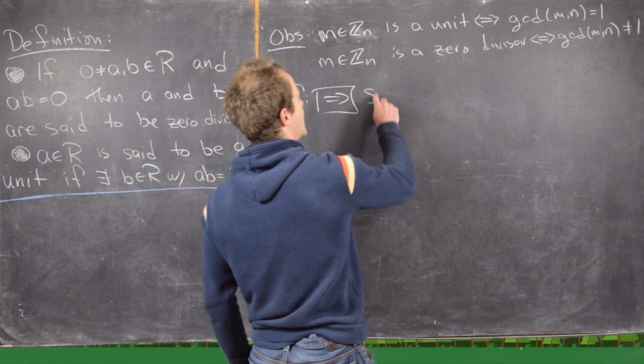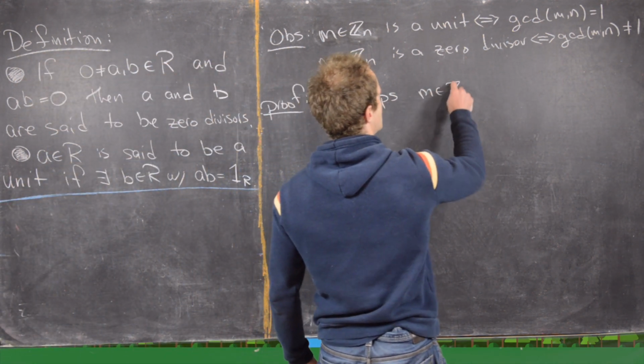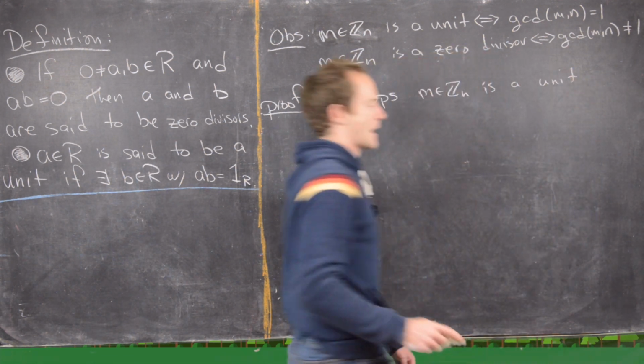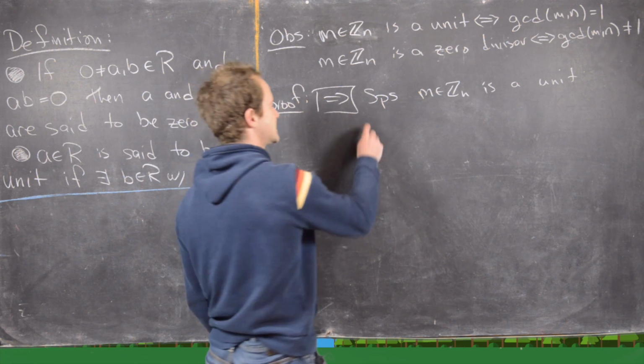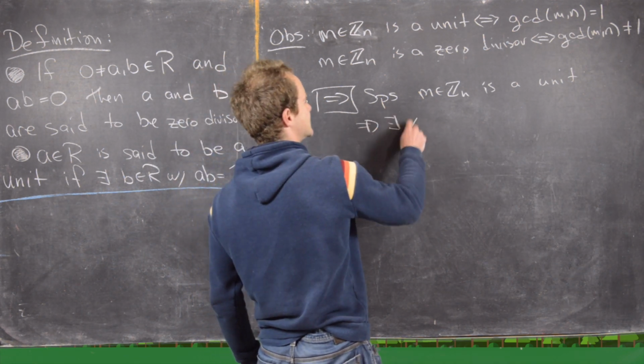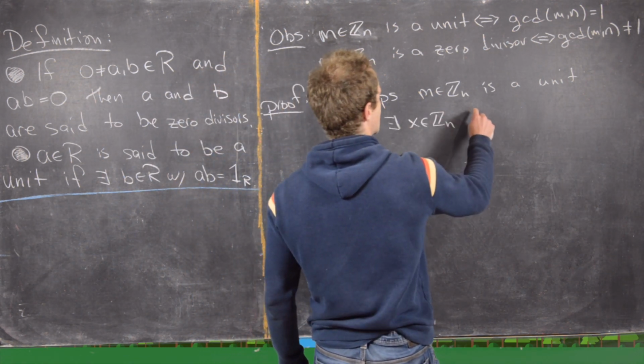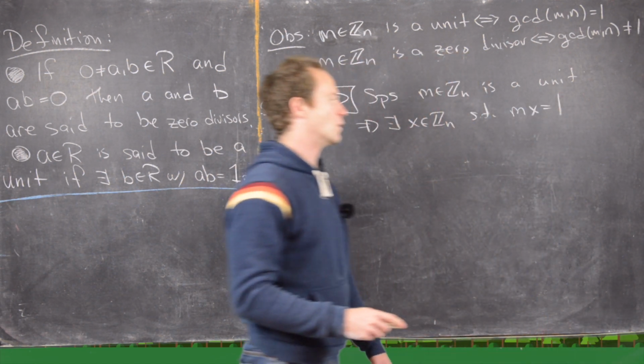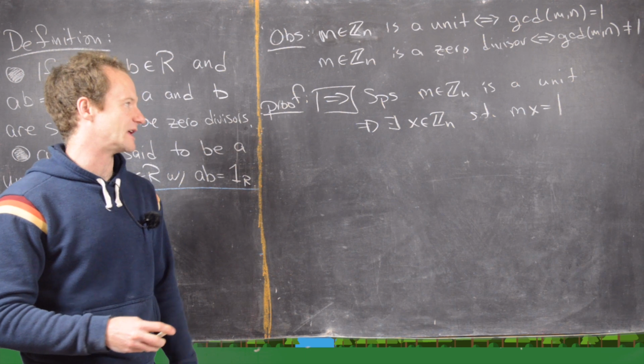So let's go ahead and suppose that m in Zn is a unit. What that tells us is that there exists some x in Zn such that m times x equals 1, and this is all happening in Zn.